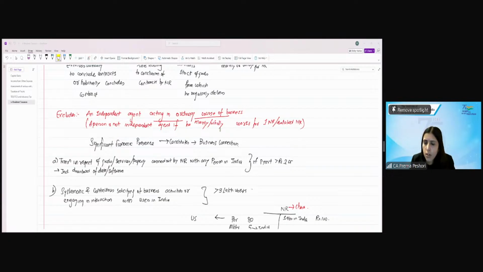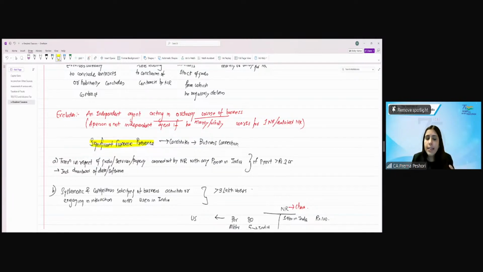In that particular case, it was all through their website. Though they were generating enormous sales in India, they did not carry out any business activities in India, and because of which they never had any business connection in India. And that is the reason why this particular provision was introduced, which is significant economic presence.